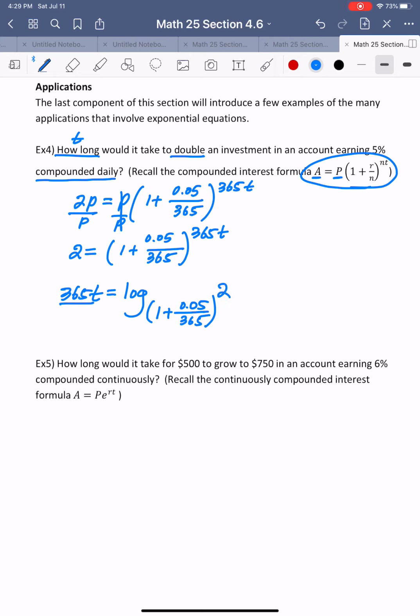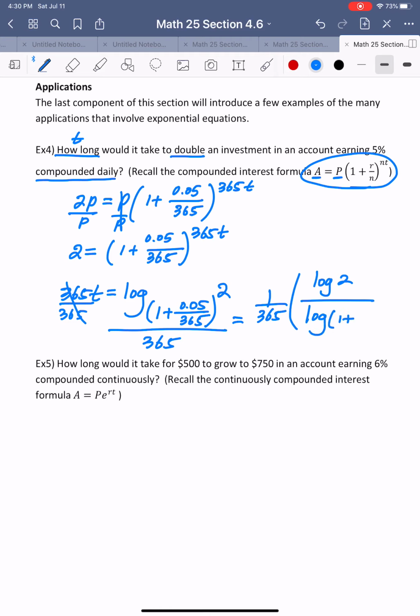And then divide by 365 both sides. And then your answer will be 1 over 365 times log of 2 over log of 1 plus 0.05 over 365.